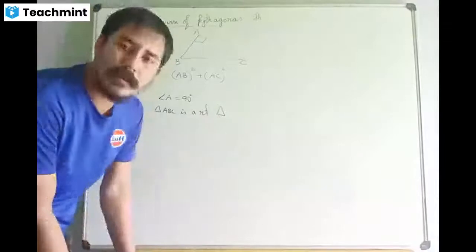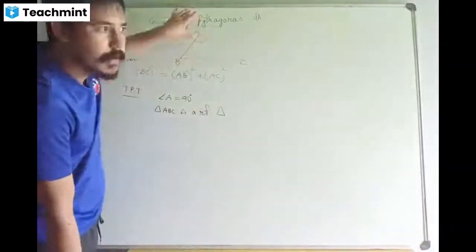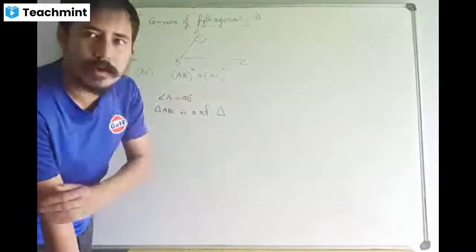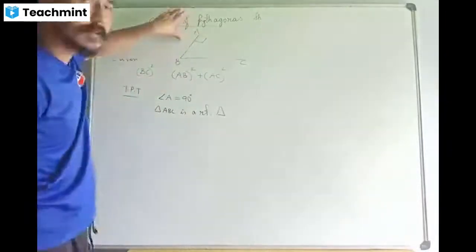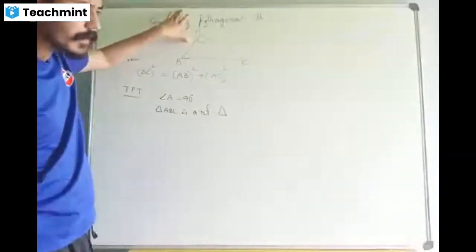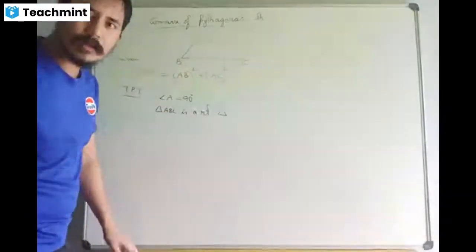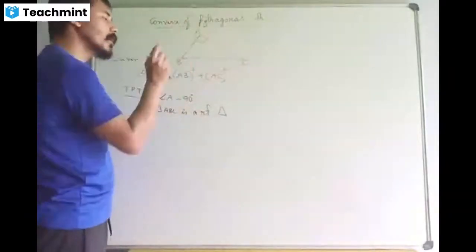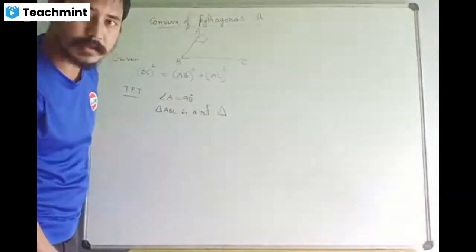Whatever condition was given in Pythagoras theorem, that you have to prove here. And whatever condition was required to prove in Pythagoras theorem, that will be given in this converse of Pythagoras theorem. In Pythagoras theorem, a right triangle was given, but in converse, you have to prove that this particular triangle is a right triangle.